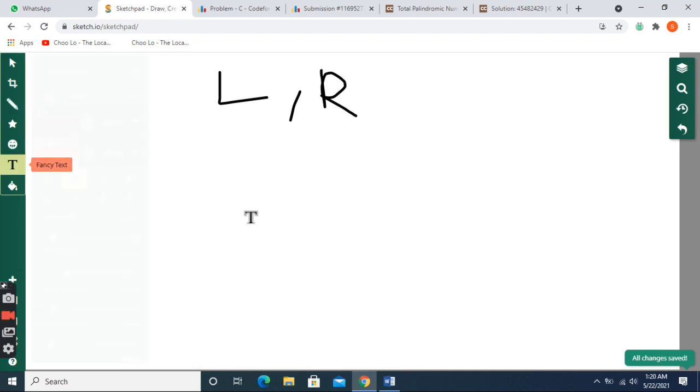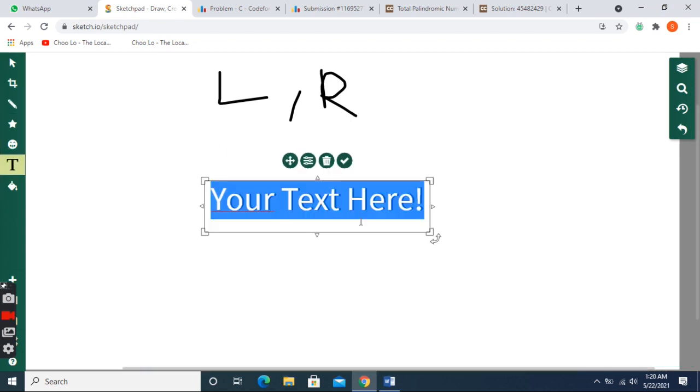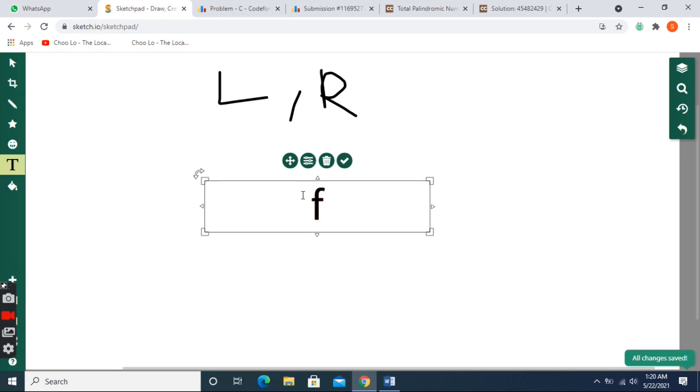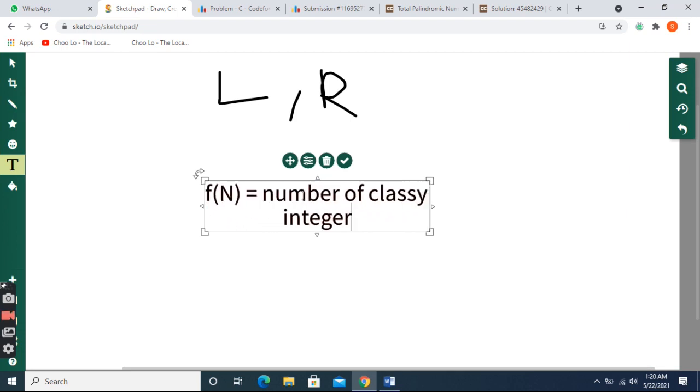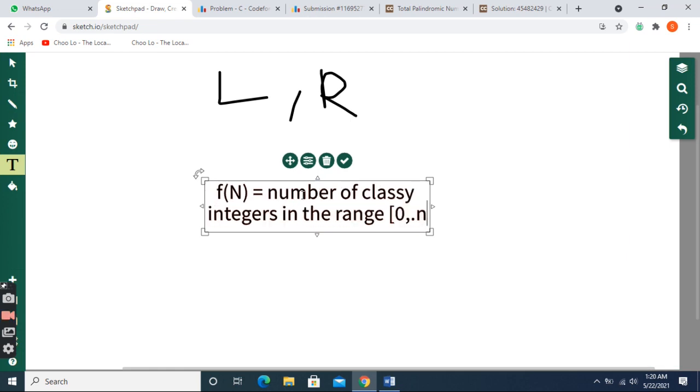So first of all, we are given two integers L, R, and we have to find the number of class C integers between L and R. The first thing I should think about is that, instead of calculating the number of class C integers between L and R, if I can calculate a function f(n) which gives me the number of class C integers in the range 0 to n, then my work is done.